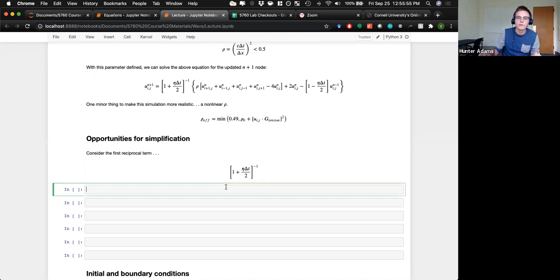So as we talked about before, you should be itching to Taylor expand something like that, right? So you can approximate this first term by the first order Taylor expansion of that term.